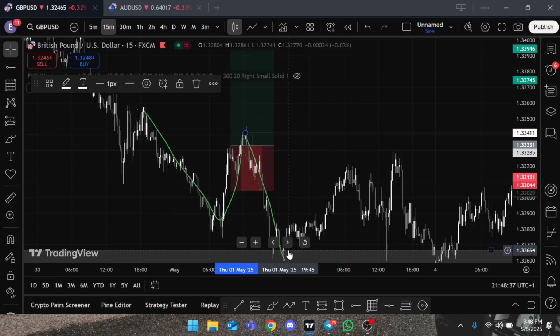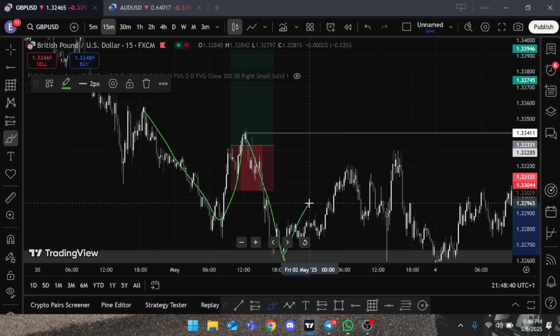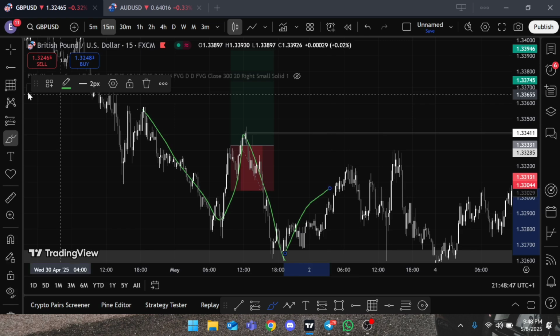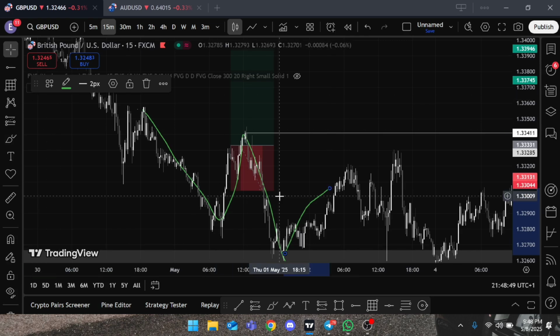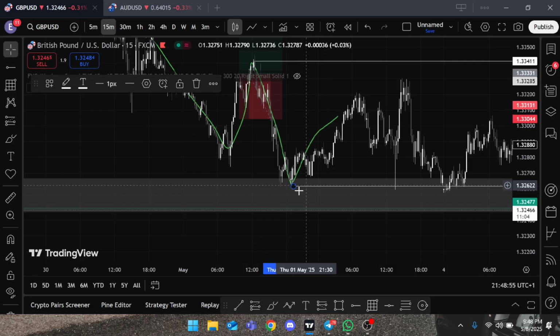Then you wait for the retracement at this point. Immediately the market retraces a little bit, you mark your last swing low. And your last swing low at this point is this place. Here is your last swing low.